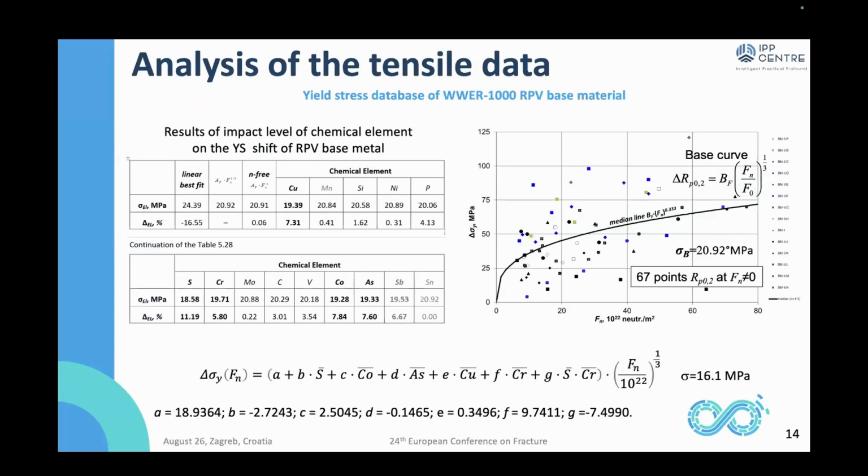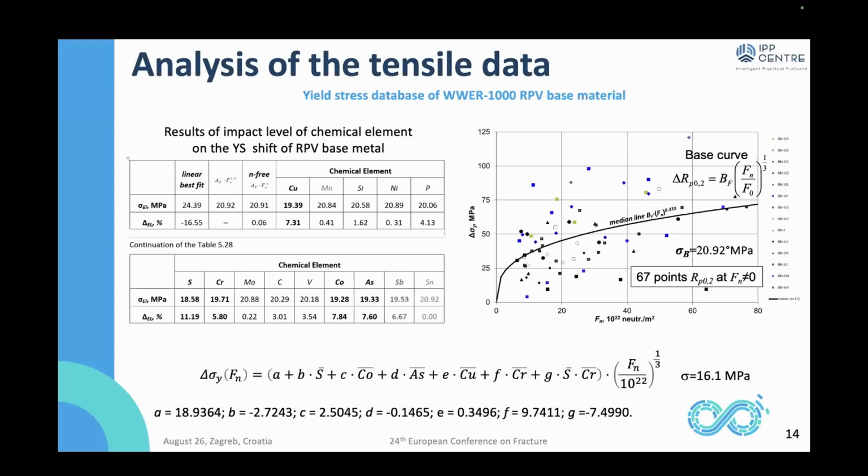So here are the results for the radiation hardening of the WWER-1000 RPV base material and the final equation for determination of the hardening. I must say that hardening is also important since for some cases in Ukraine we need to perform elastic-plastic RPV integrity assessment.